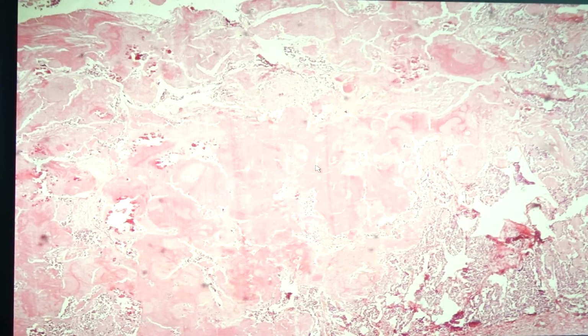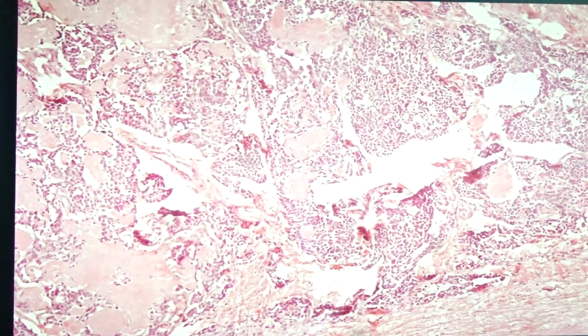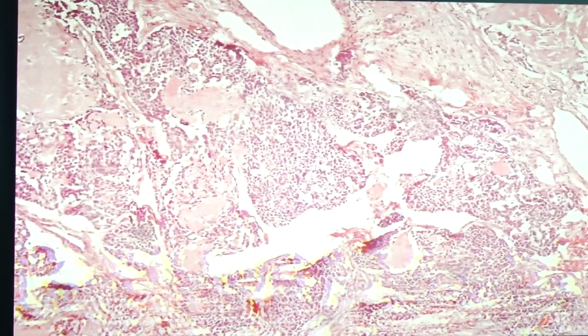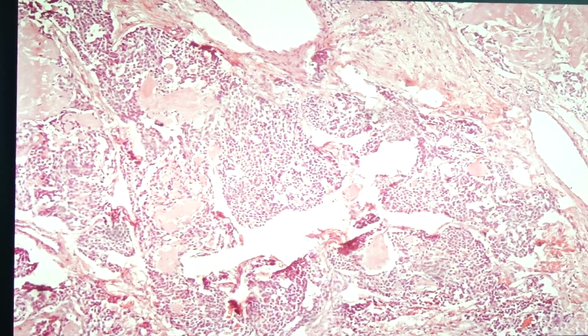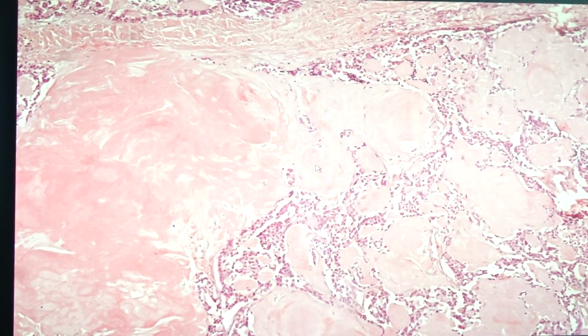Okay, so it's associated with RET mutation, and we would see the presence of C-cell hyperplasia. The C-cells here are round to spindly in character, and we see the presence of amyloid deposits here.